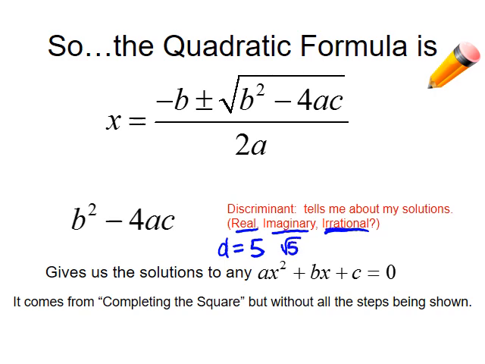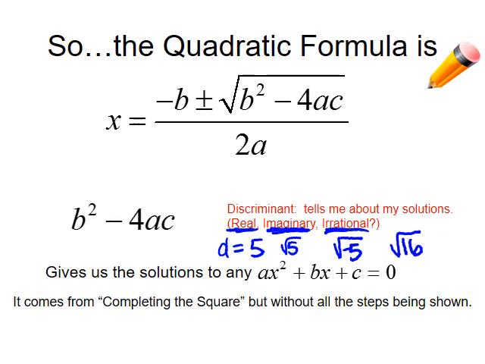That's an irrational answer. If the discriminant, or what's underneath the radical, ends up being a negative 5, we would end up with an imaginary answer. Or if the discriminant ends up being 16, that would give us 4 and therefore a real answer. So the discriminant can tell us a lot about where we're going for our solutions.